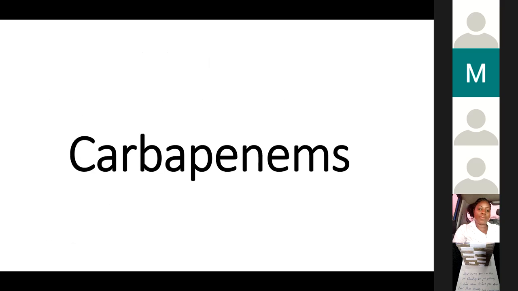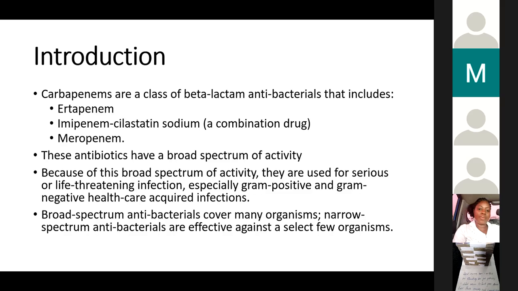So we look at carbapenems. A prototype of carbapenems is meropenem, and they are a class of beta-lactam antibacterial. The other members are ertapenem and imipenem-cilastatin, and this imipenem-cilastatin is a combination drug.